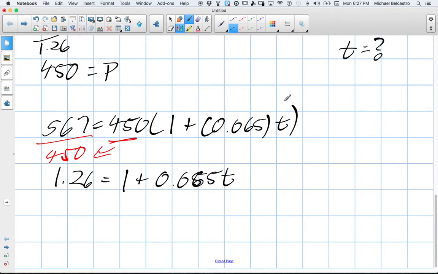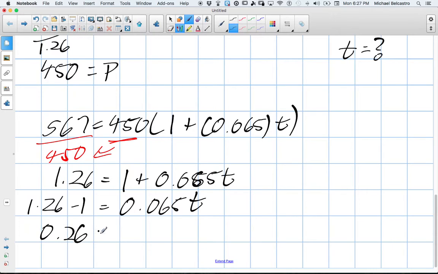I then bring the 1 over, so 1.26 subtract 1 is equal to 0.065 t. That's going to become 0.26. So 0.26 is equal to 0.065 t.